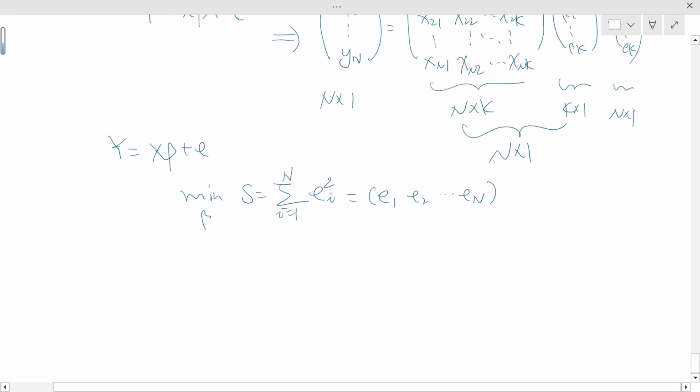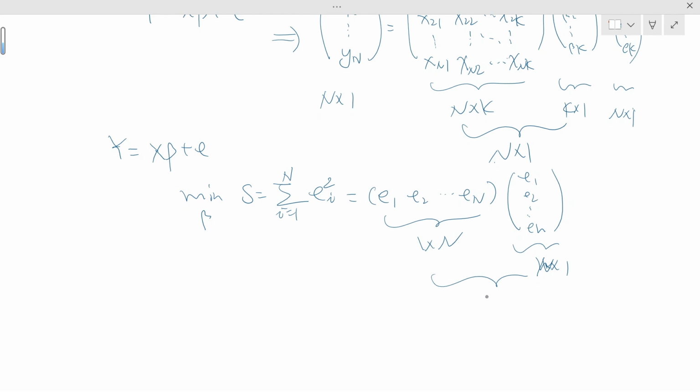Let's write it in a matrix way: e1, e2, up to en times e1, e2, up to en. This is n by 1, this is 1 by n, so they are conformable with each other, we can multiply them, and we get 1 by 1, which is a scalar.